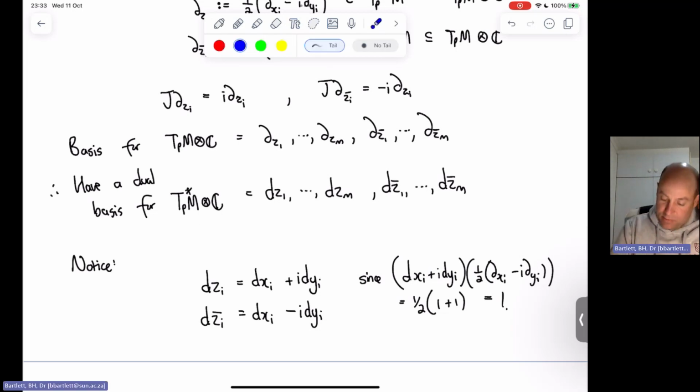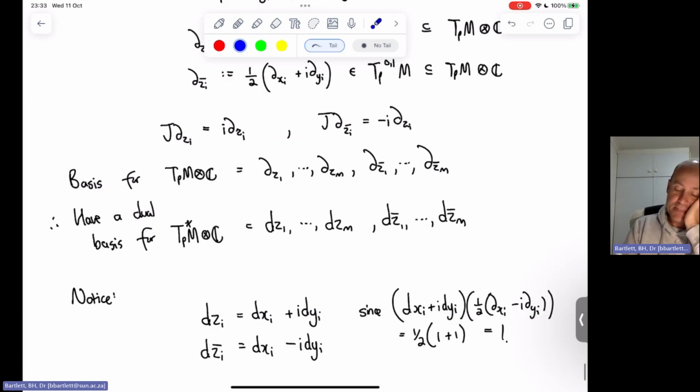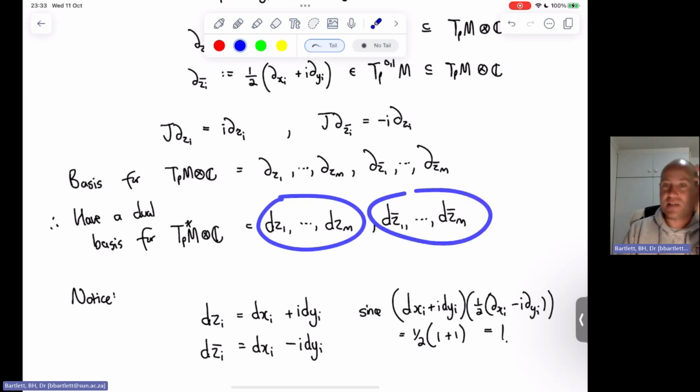So where are we? We understand that we've got this basis for the complexified tangent space, and this is a nice basis because these guys are the eigenvectors of J with eigenvalue i. These guys are the eigenvectors of J with eigenvalue minus i. This has a corresponding dual basis for the complexified dual tangent space, and we write them as the dzs and the dz bars.